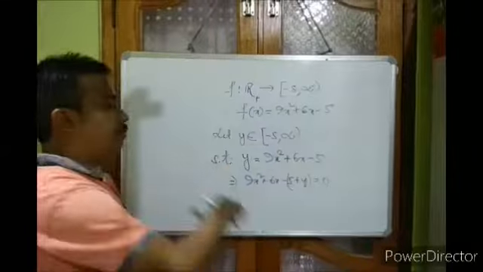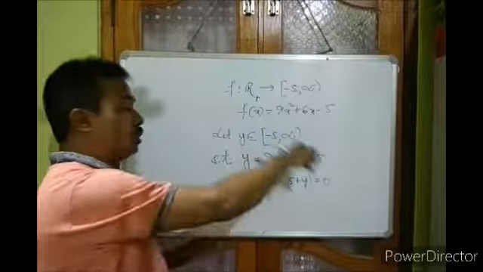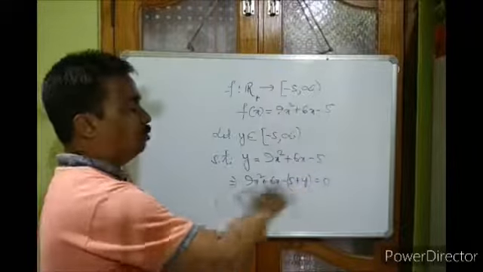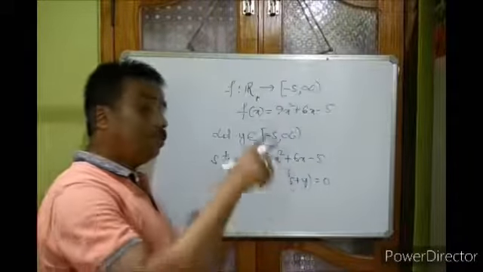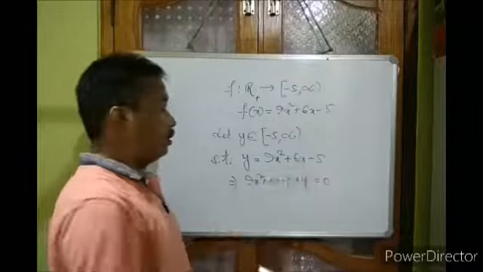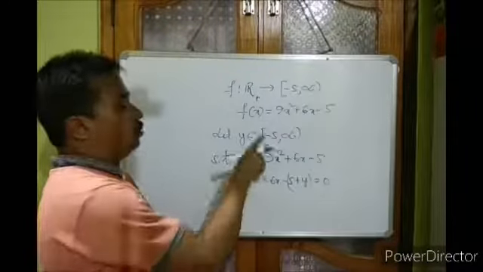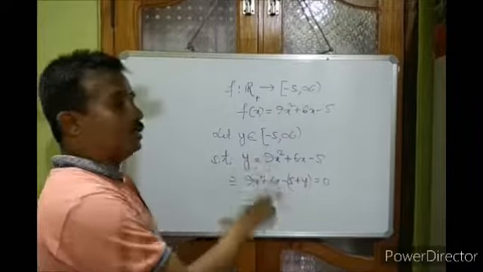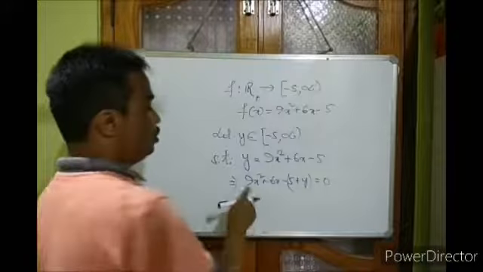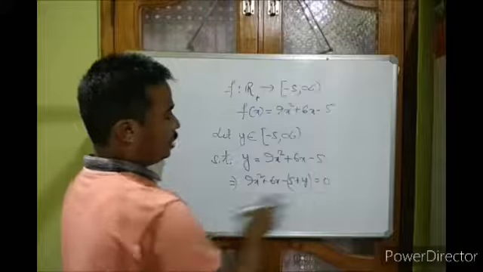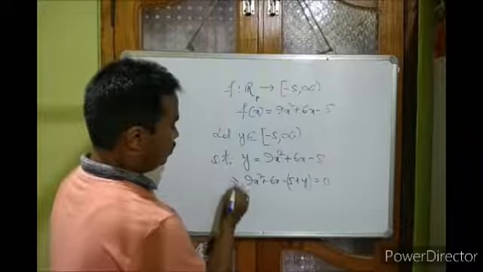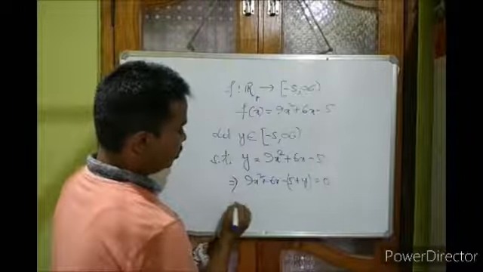So actually for finding the ontoness we have to solve this equation. We have to find the value of x in terms of y. That is the technique. We see this is a quadratic equation in x. So how to solve this equation?